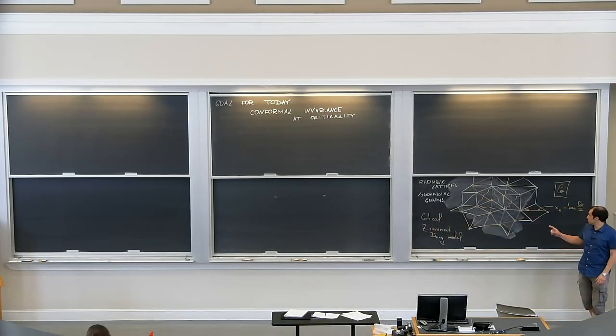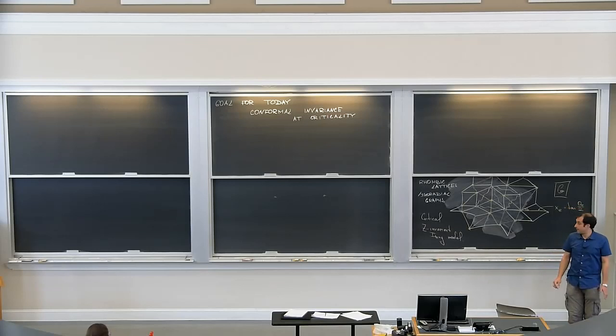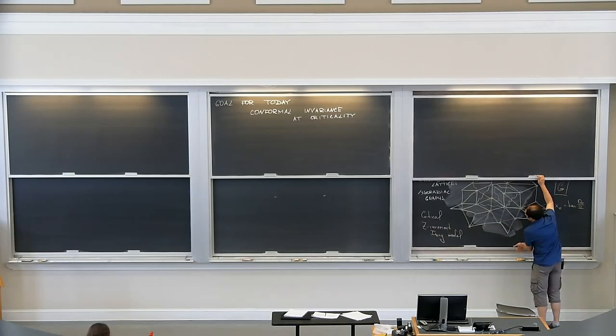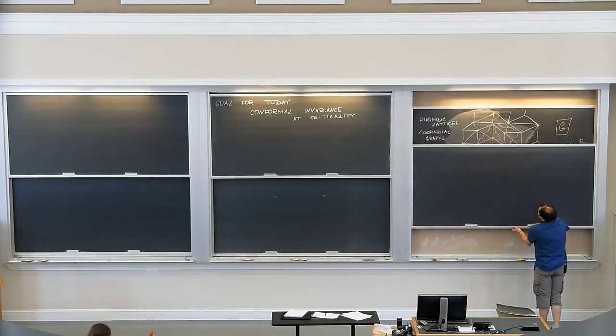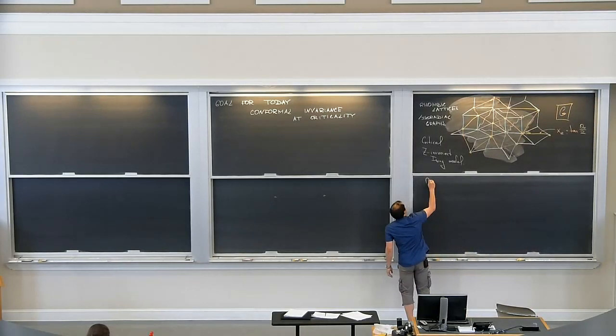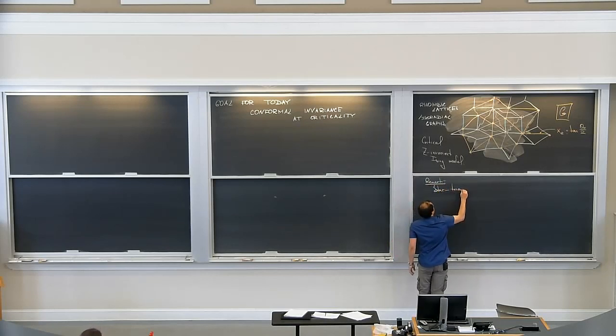So probably most of you have seen such pictures in this or that context. What you can do with rhombic lattices is play star-triangle moves. You can say star-triangle invariance, or Yang-Baxter moves.